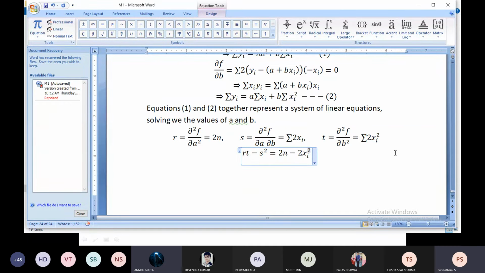Minus, no, sorry, 2n into sigma 2 xi square, right?